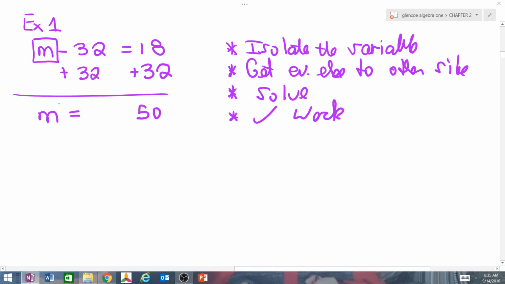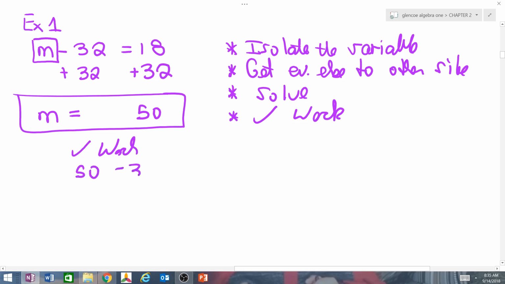M equals 50. So there's my answer. This is what I'd like to see in your work. And then to check our work, we can go 50 minus 32 equals 18, and 18 equals 18. It works. Does anybody have a question?